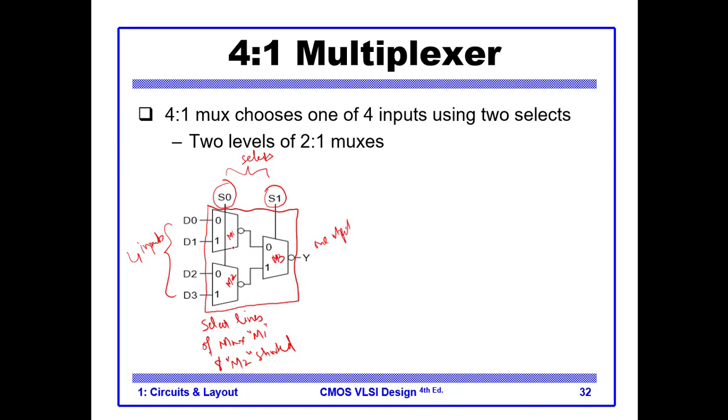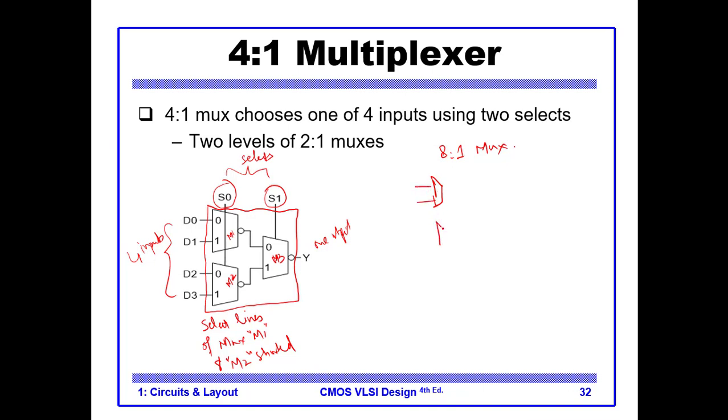So we know the CMOS level circuit of a 2x1 mux, so we can draw the CMOS level circuit for a 4x1 mux by using the same circuit 3 times and interconnecting it in this fashion. Okay, if I ask you to construct a 8x1 mux, you can do it again by using 2x1 mux.